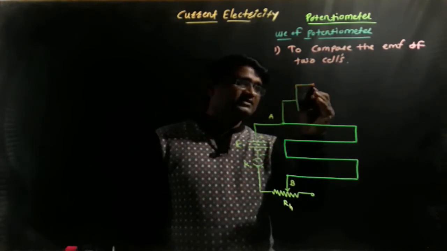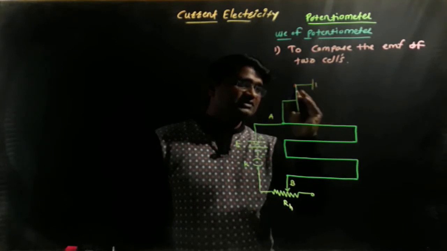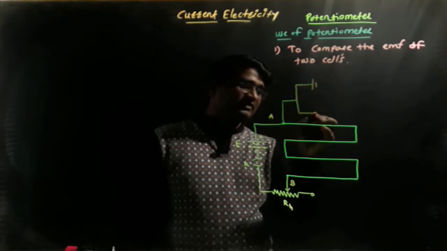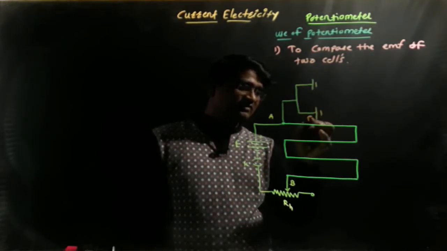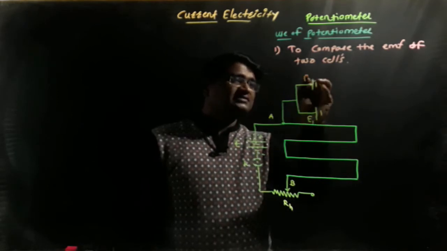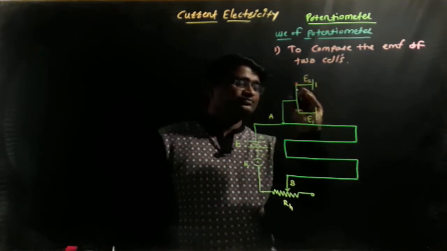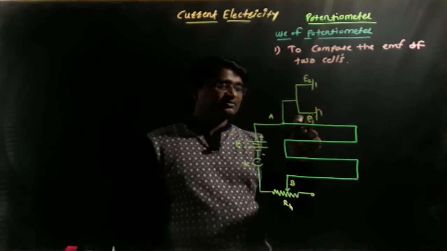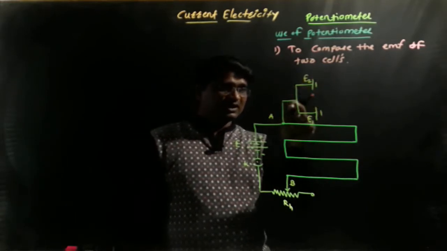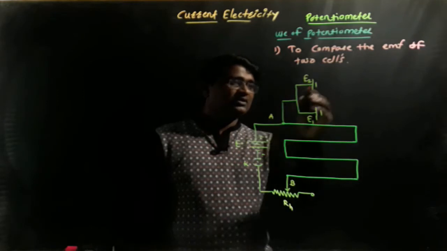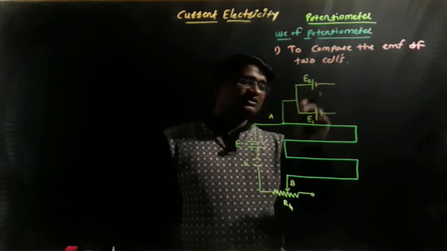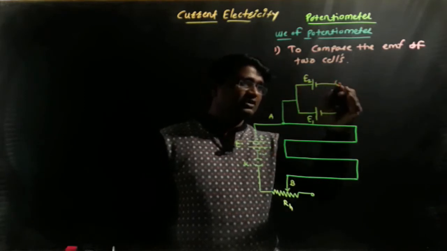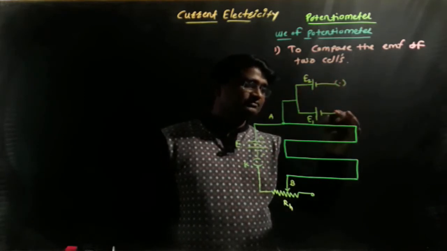The first wire is connected to the positive terminal of a cell, and the second wire is also connected to the positive terminal of a cell. So the first cell will be denoted by E1 and the second cell will be denoted by E2. Let's see, the positive terminals of cells E1 and E2 are connected to the point A. Now their negative terminals of cells E1 and E2 are connected to the key.